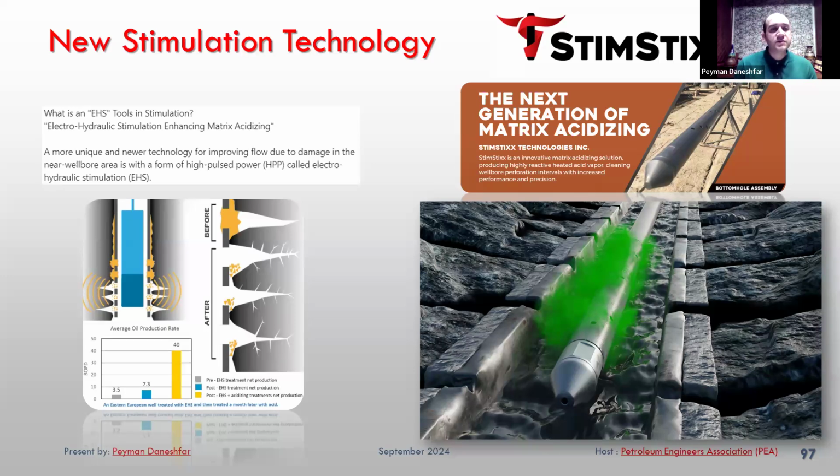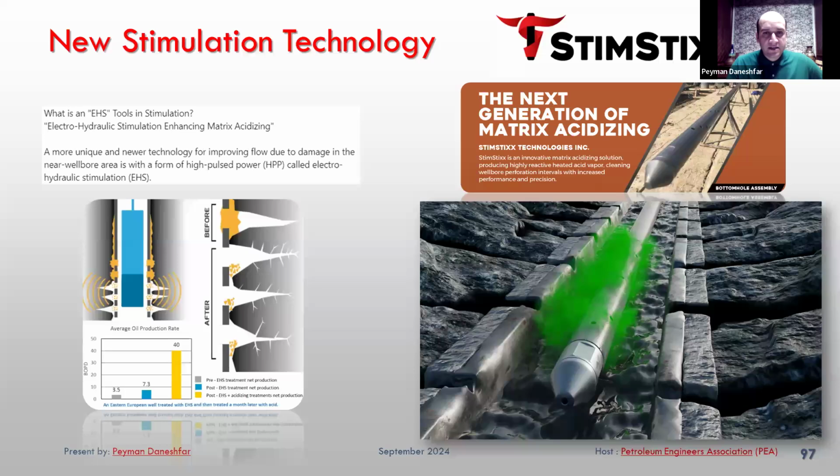A more unique and newer technology for improving flow due to damage in the near wellbore area is in the form of high pulse power, called electrohydraulic stimulations, or EHS tools. Another one is STEAM 6, which is newly born, I think, and again the next generation of matrix acidizing.